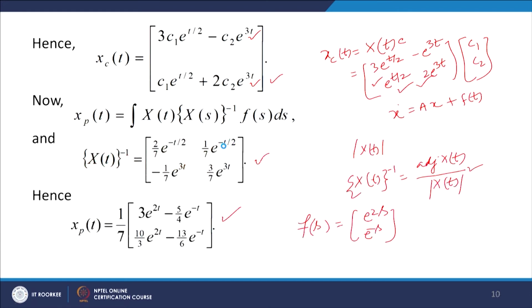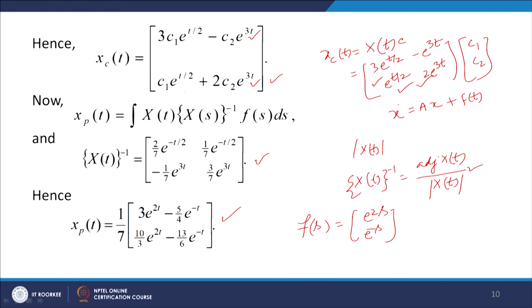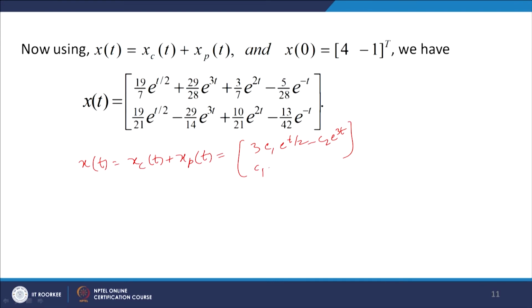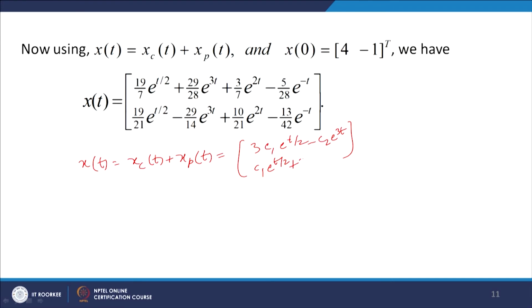Now, let us see, X_c(t) is what? This is 3c1 e^(t/2) minus c2 e^(3t), and then we have c1 e^(t/2) plus 2c2 e^(3t).